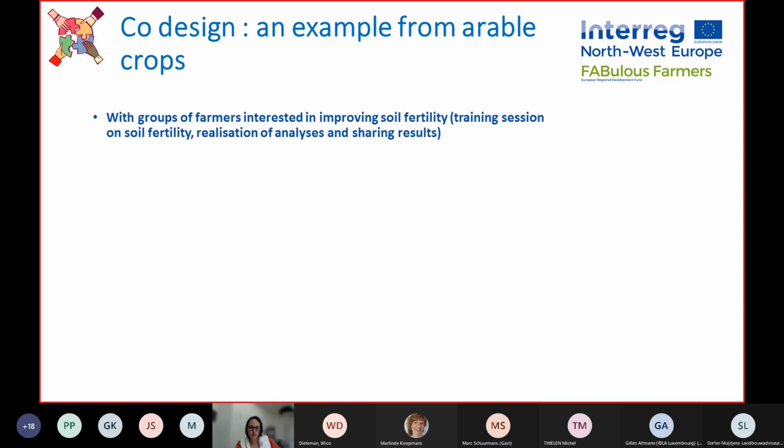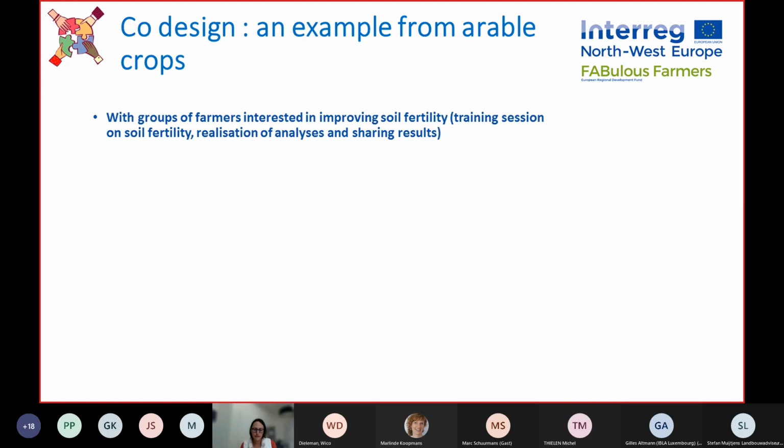These 3 groups follow a training session on soil fertility, and then realize a set of analyses and share the results. The set of analyses was constituted by spade test, microbial biomass, abundance and diversity of nematodes, and of phytopathogenic fungi.